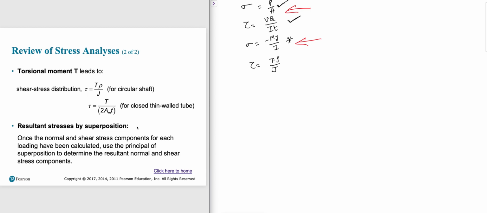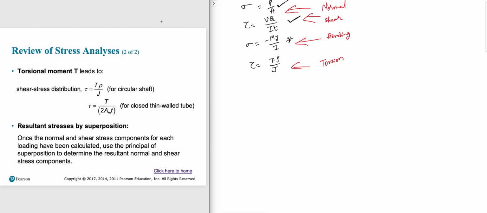Sigma due to the normal, this is due to the shear, this is due to bending, this is due to torsion. We have seen all these four cases already. So this chapter is nothing new. It's just that when we combine all four into one problem, what happens?